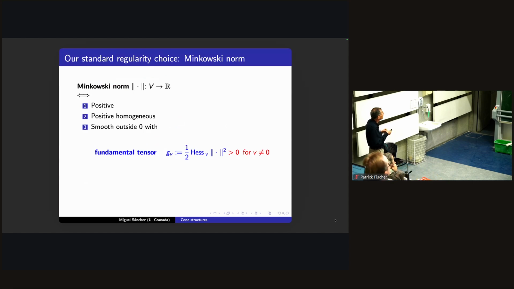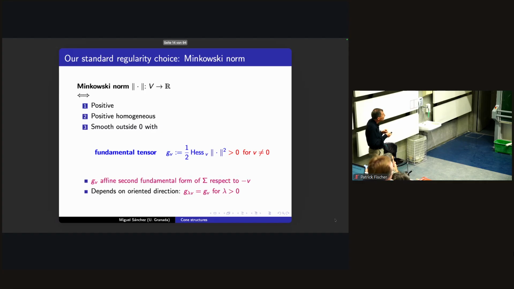So we will consider Minkowski norms, which are positive homogeneous, smooth outside zero, and such that the Hessian of the square of the norm is positive definite, okay? This condition is just because this Hessian is essentially the second fundamental form of the indicatrix of the norm, and it depends only on the direction of the vector we are considering.